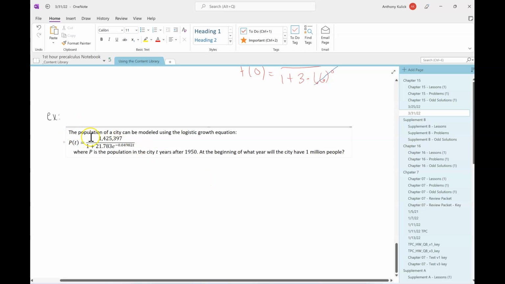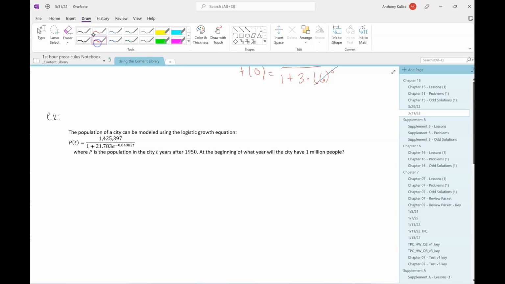So here we have: the population of a city can be modeled using the logistic growth equation shown below, where P is the population of the city T years after 1950. At the beginning of what year will the city have 1 million people? This is going to be the same basic problem as before, right?